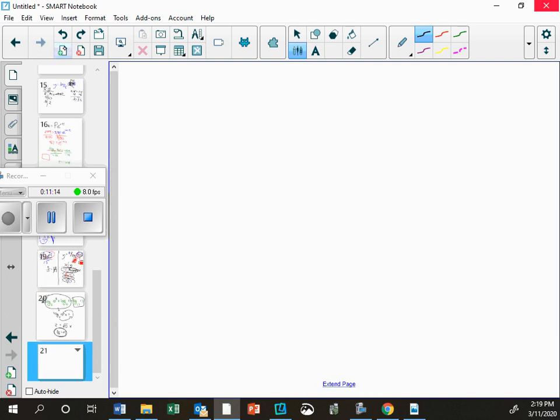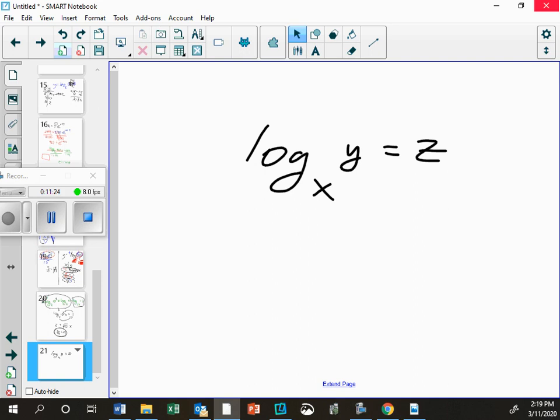All right. Here's one that's a little more weird. Log base x of y equals z. Rewrite it so it's not a log anymore.